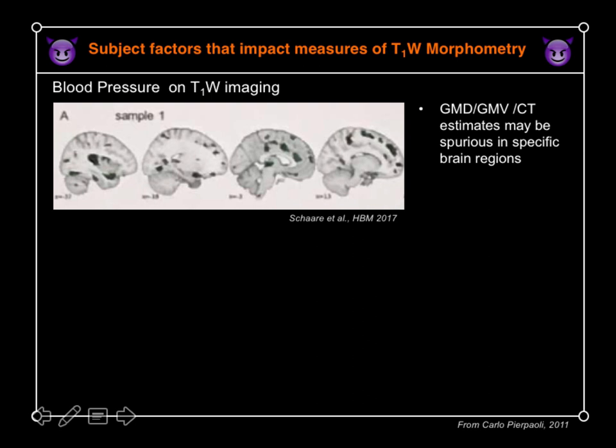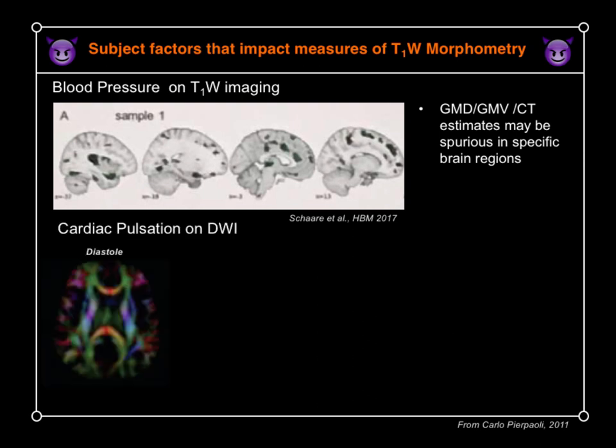Obviously, this has an impact on cortical thickness also. This might not have anything to do with atrophy related to hypertension. It's just that blood flow and blood flow related artifacts can change the MR signal, which might manifest as a decrease in gray matter volume or a decrease in cortical thickness. So that's blood pressure on T1 weighted images.